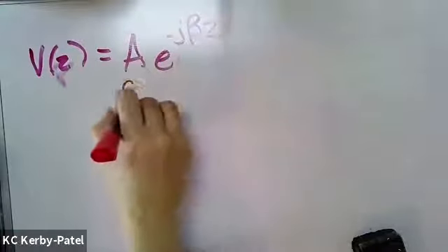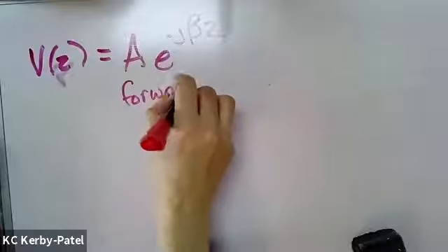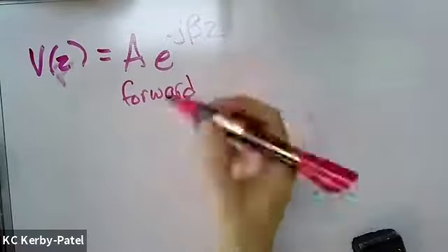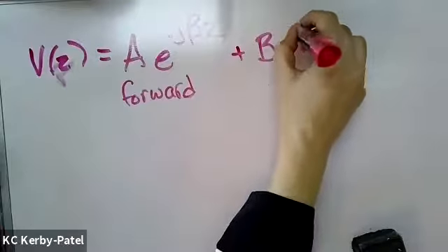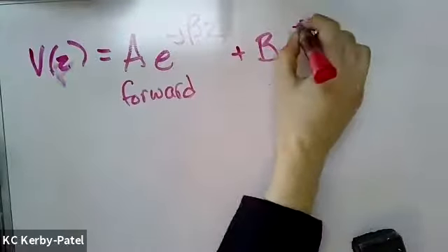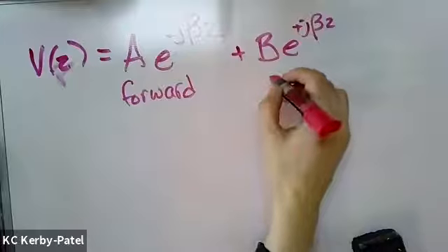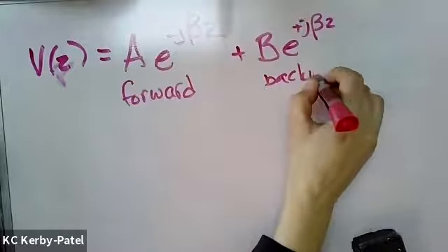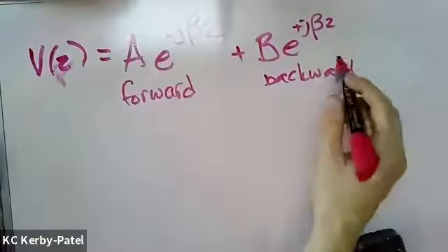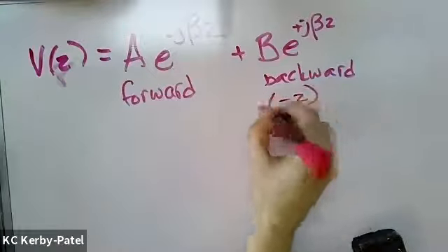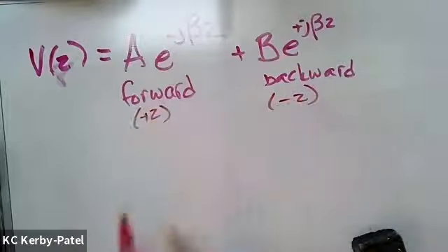This is a forward going wave, because it's going towards positive z, plus some other amplitude times e to the plus j beta z. This is backwards, not in any sort of non-physical or electromagnetically exotic sense, but just in the sense that it is going towards minus z, while this one goes towards plus z. And those are the solutions that you have.